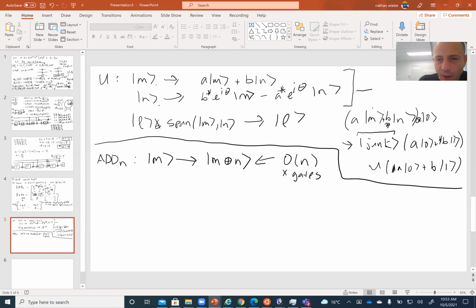And here we're going to assume that M and N are known classically. So there are just some numbers that you know. You've chosen what M and N you want before you try to synthesize this. So we know what they are. Worst case scenario, in order to exclusive OR the two together, we're going to need order N X gates, which can be done using order N RZ and Hadamard gates. Okay, so that's the first operation that we're going to need.